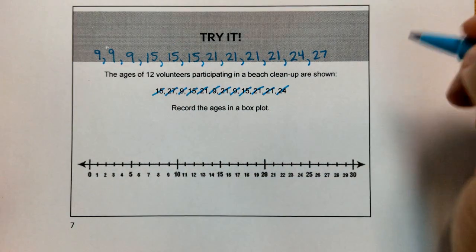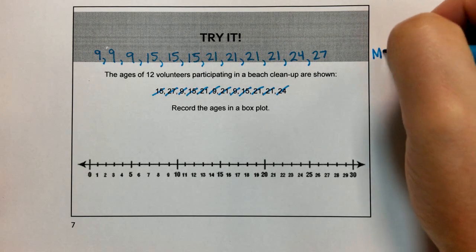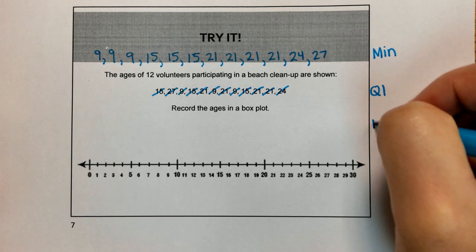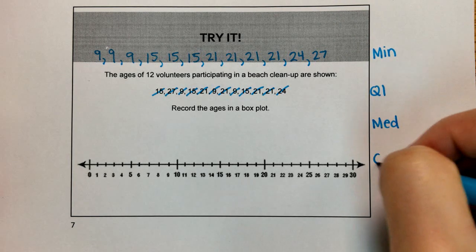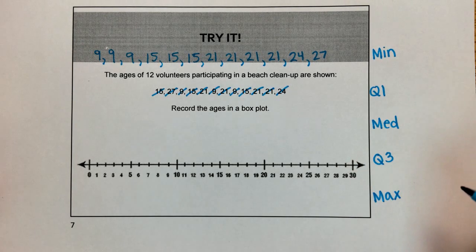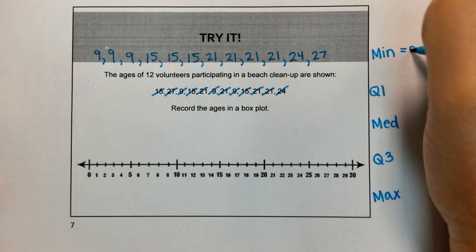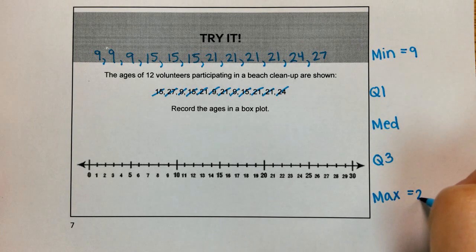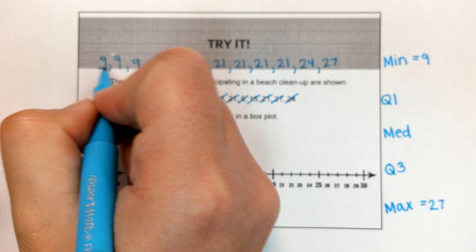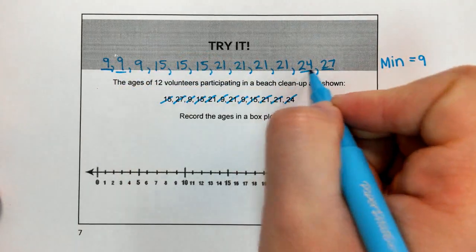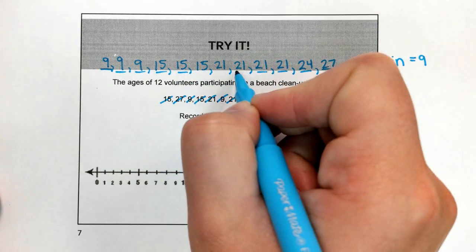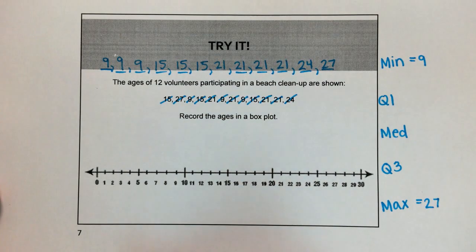So now I'm going to identify my 5 important things. So my minimum, quartile 1, my median, quartile 3, and then my maximum. So minimum, we already know is 9. Maximum, 27. So now let's go find our median. So left, right, left, right, left, right, left, right, left, right. 2 numbers in the middle.